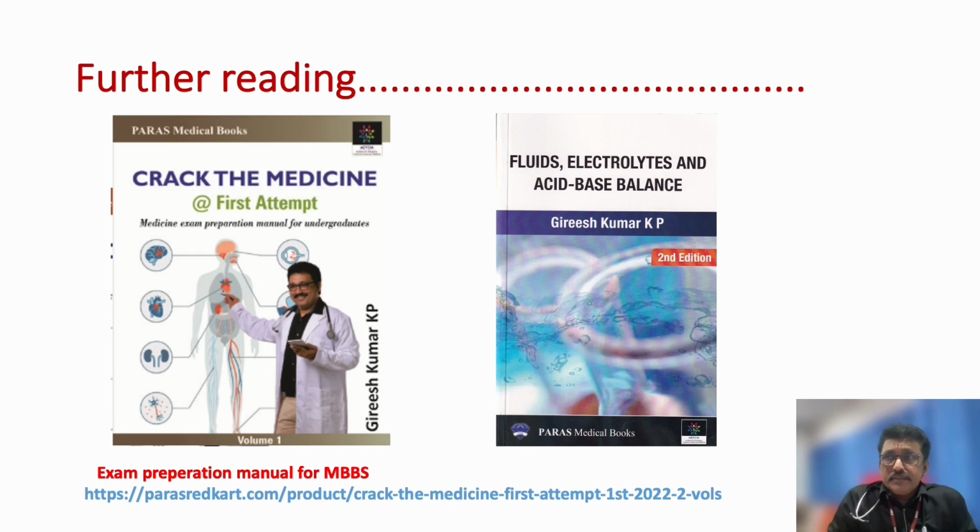So we have discussed the use of various IV fluids in hypovolemia and hypovolemic shock. Hypovolemia can be due to various conditions including vomiting, diarrhea, diabetic ketoacidosis, sepsis, dengue shock syndrome. The causes are different and the mechanism of shock is also different, but the treatment initially in the emergency room will be IV fluids.